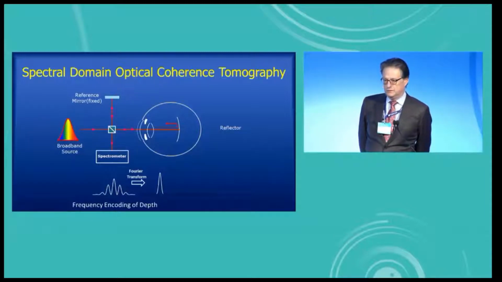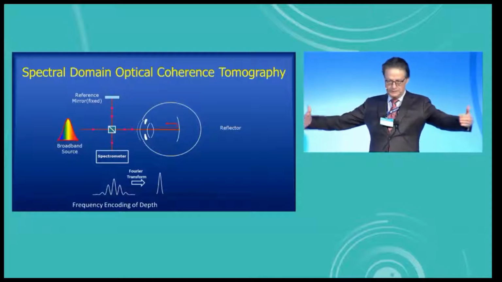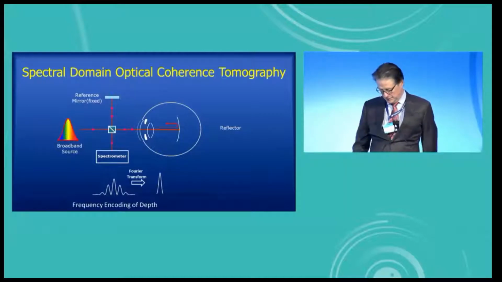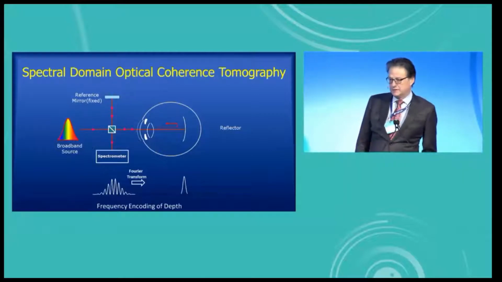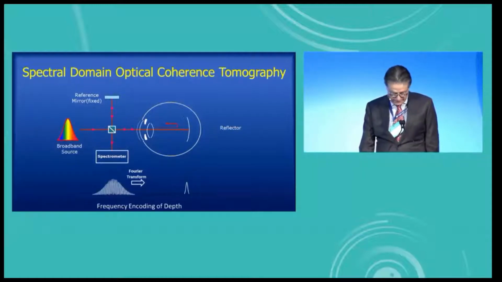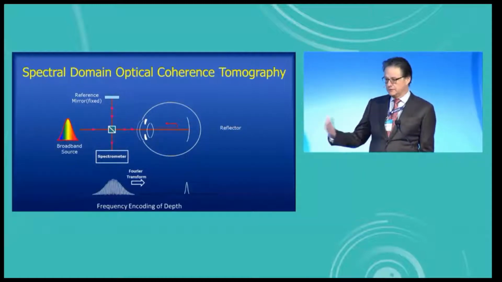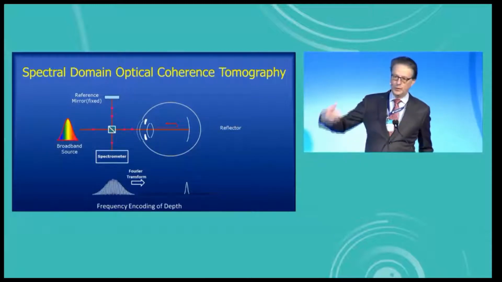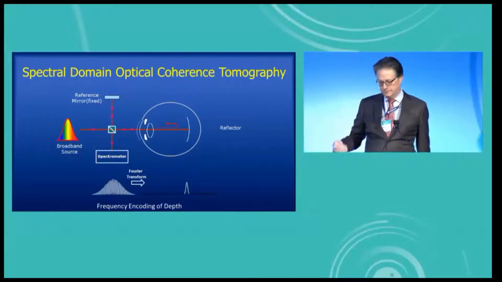So near the zero delay point, where the reference arm and the arm into the eye are the same length, the frequency is relatively low. If you move that reflector back, the interferogram has a higher frequency, and if you move it back further still, it has a higher frequency. So we can measure the frequency and know where in the eye the reflection came from.